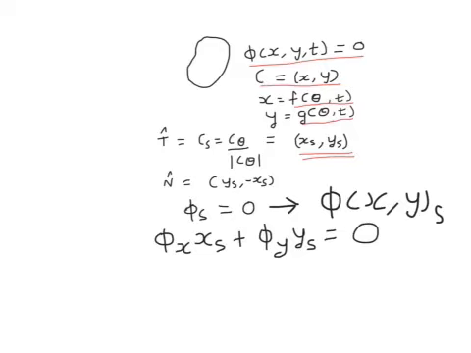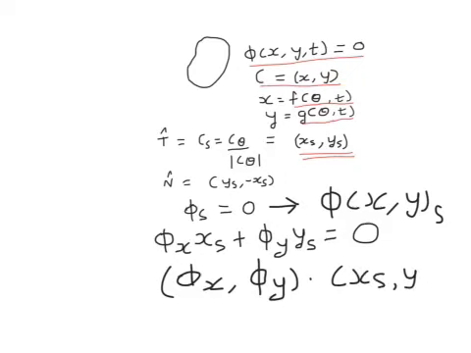So this is what we get, and as we just showed, this is basically the dot product of phi x comma phi y with x s comma y s, and that is given as 0, and we already know x s comma y s is our tangent.